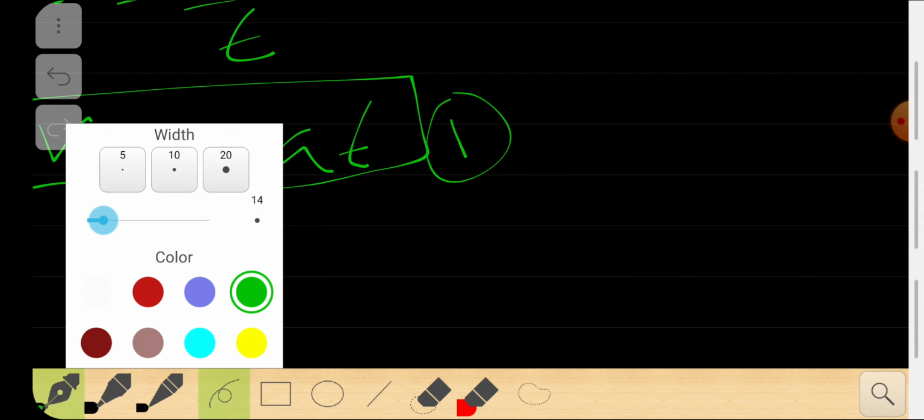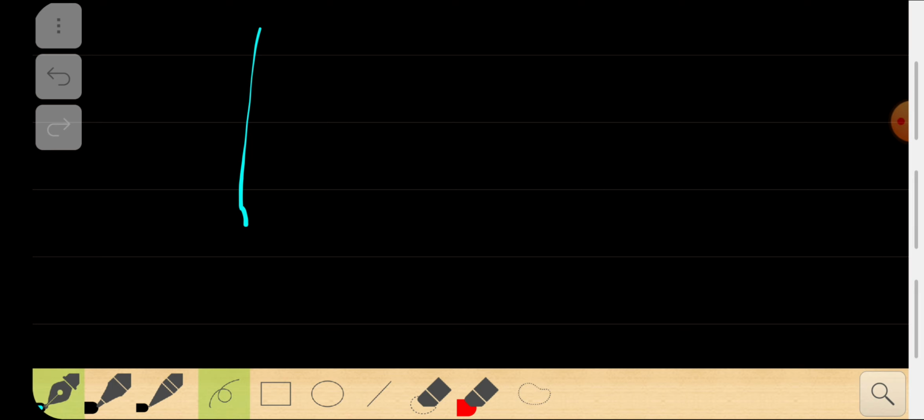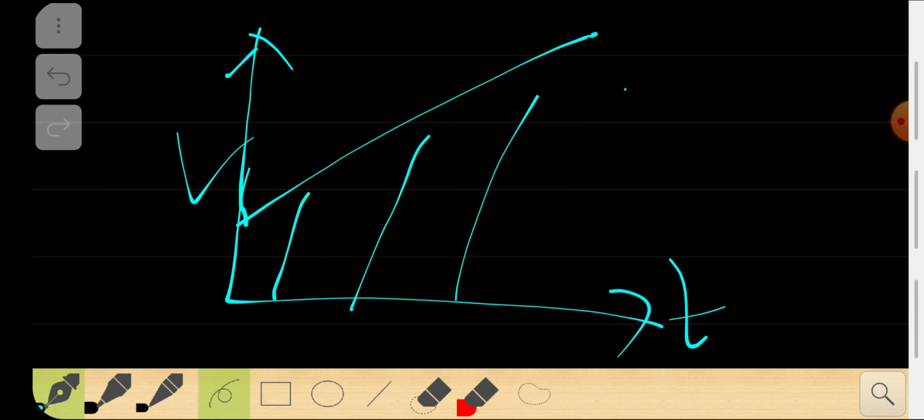I've already told you that if you take the velocity versus time graph, it will look like that for our equation. Now the area under the curve gives you the total displacement covered.